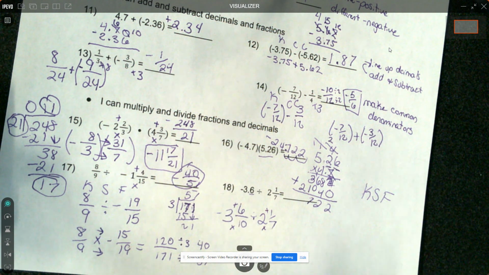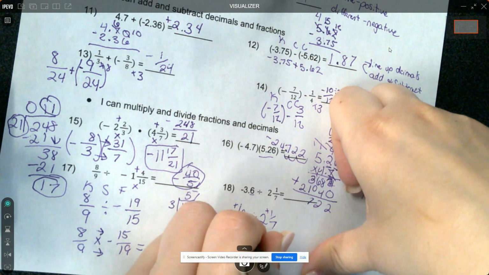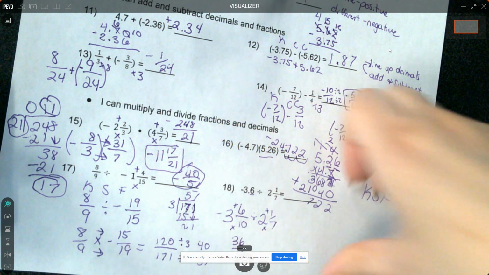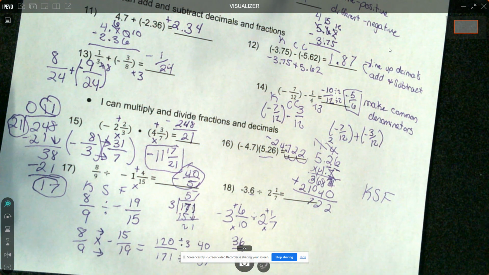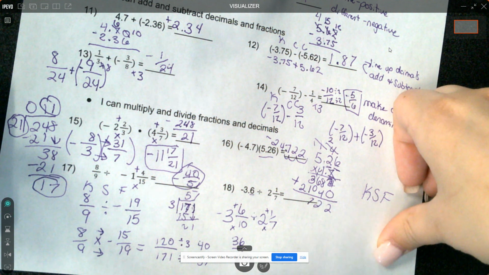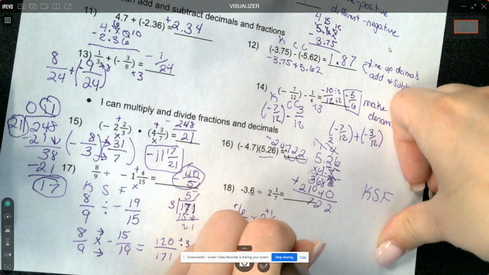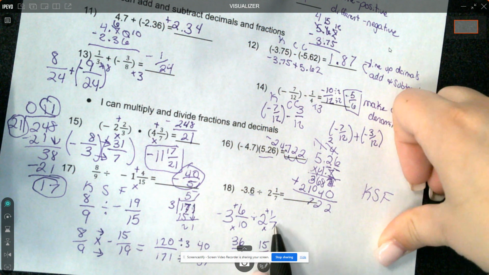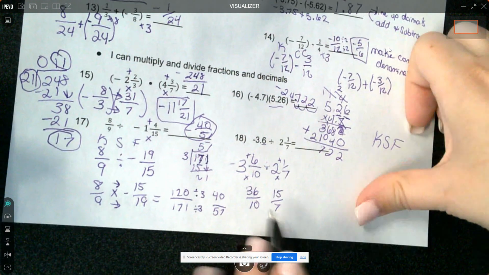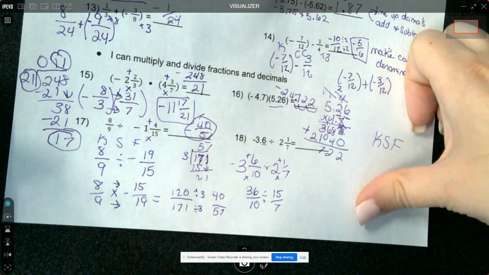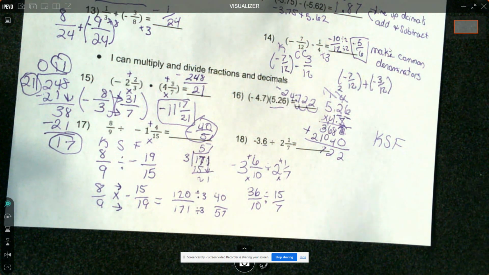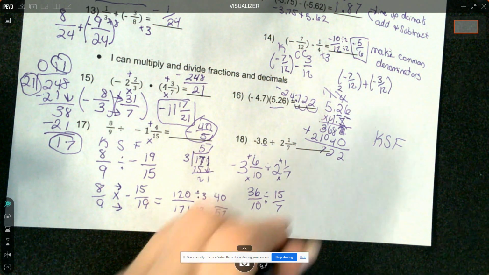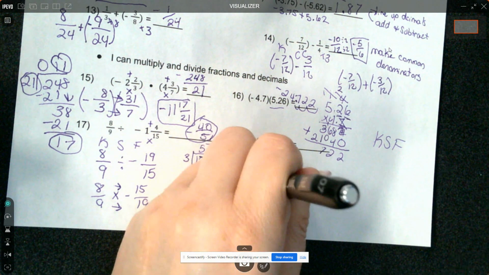What would the first one be as an improper fraction, Raylan? What would the second one be, Aiden? 15 over 7. Oh, yeah. Remember, you keep that denominator on the bottom. Bring down the division sign. What are the 3 steps in division, Audrey? Keep, switch, flip.